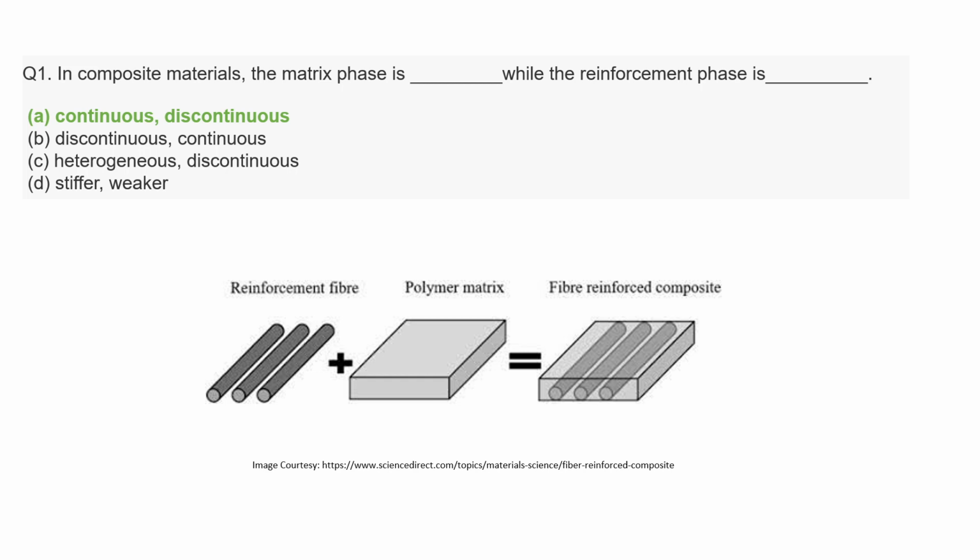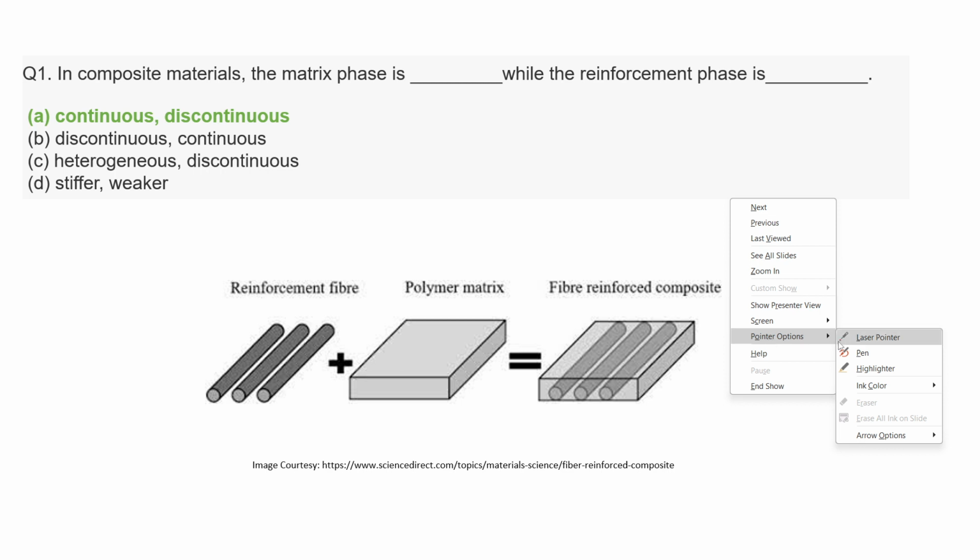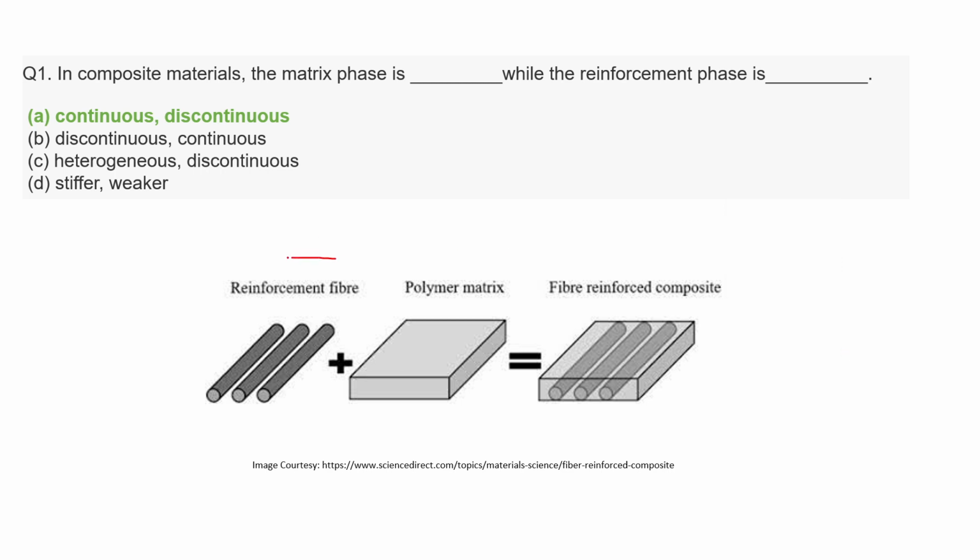Now in a composite material, let's talk about what a composite is. A composite has two or more constituents, and these different constituents either form the matrix or the reinforcement, as you can see in this diagram. This is a reinforcement fiber and a polymer matrix.